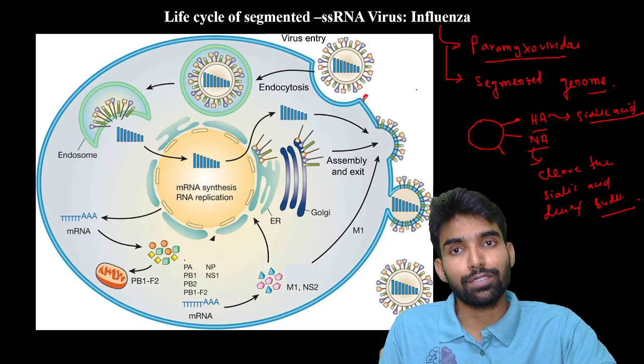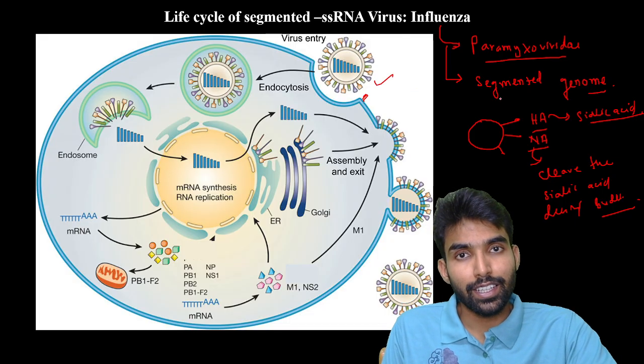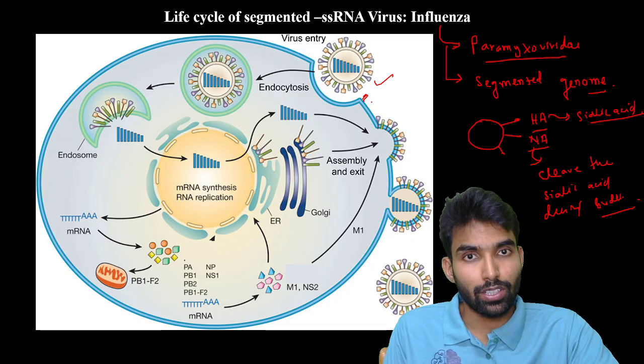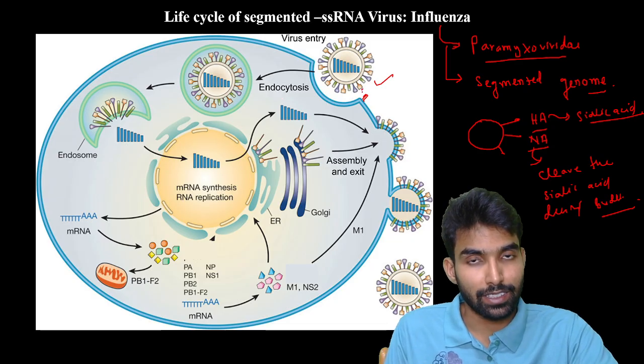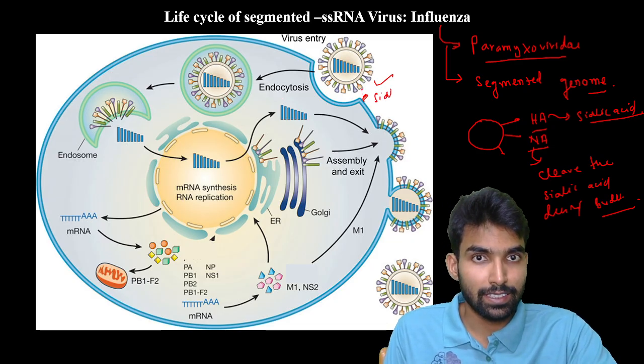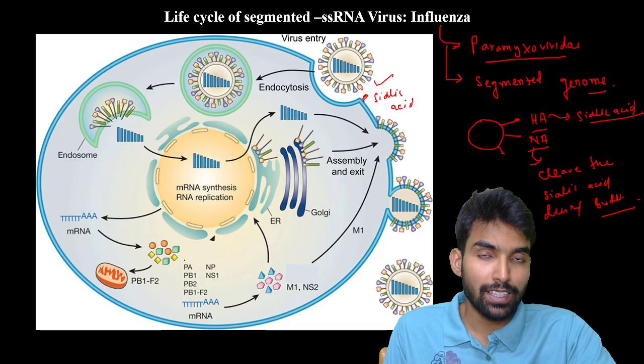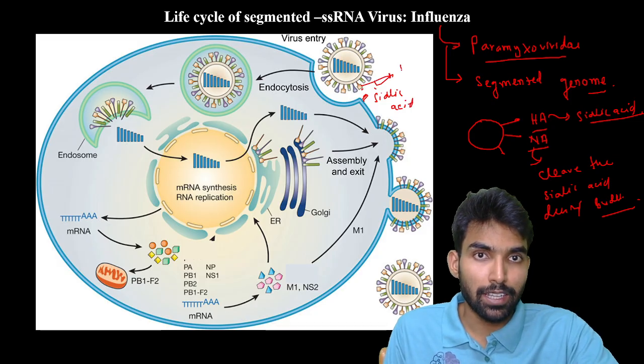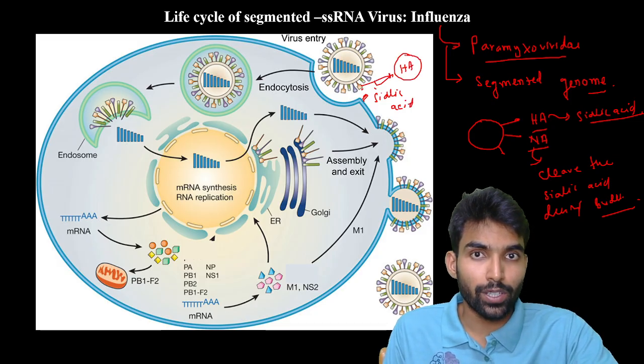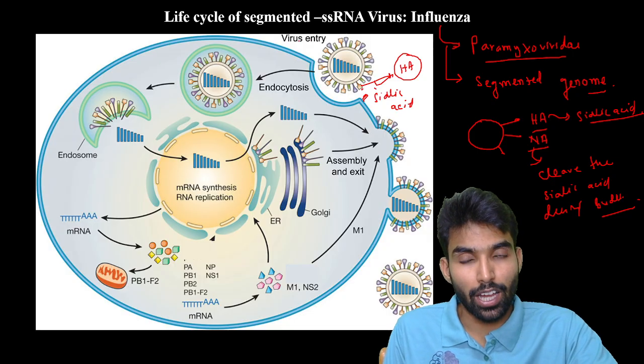Now see the influenza life cycle. First the virus enters the host cell with the hemagglutinin interaction. Let's say this is a sialic acid, and this is the hemagglutinin HA. Okay, after endocytosis, what's happening?